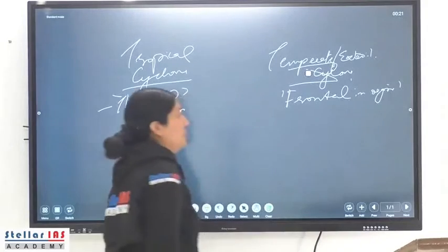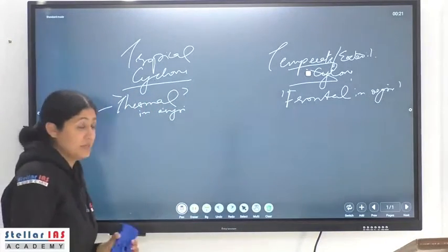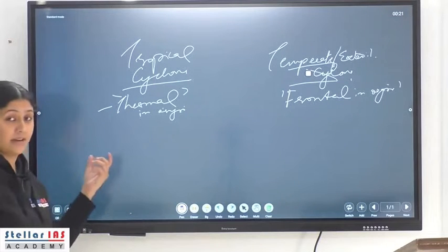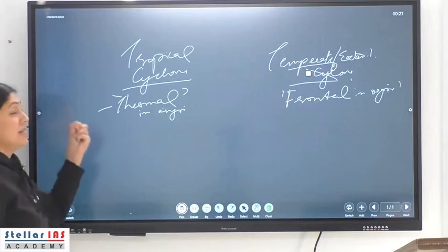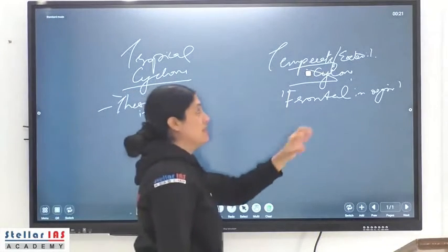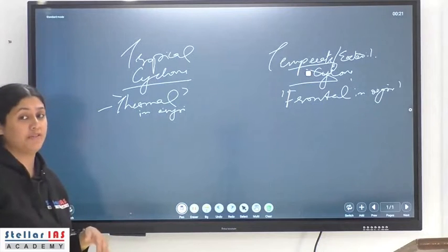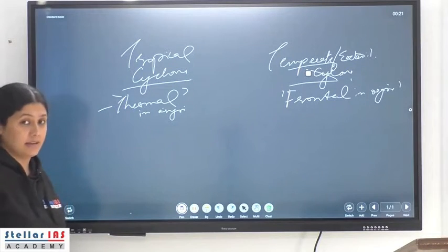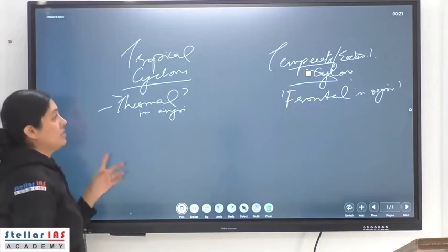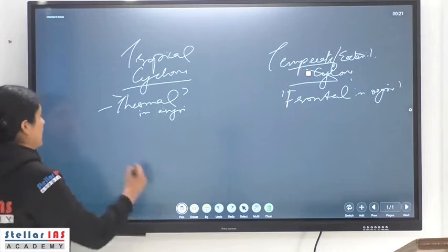So if we have to go into details, we have seen the process of formation of tropical cyclones, that they are formed or derived from regions of intense convection, whereas in case of extratropical cyclones we have done the formation of wave over polar front or the polar front theory, right? So tropical cyclones are thermal in origin, temperate cyclones are frontal in origin, right?